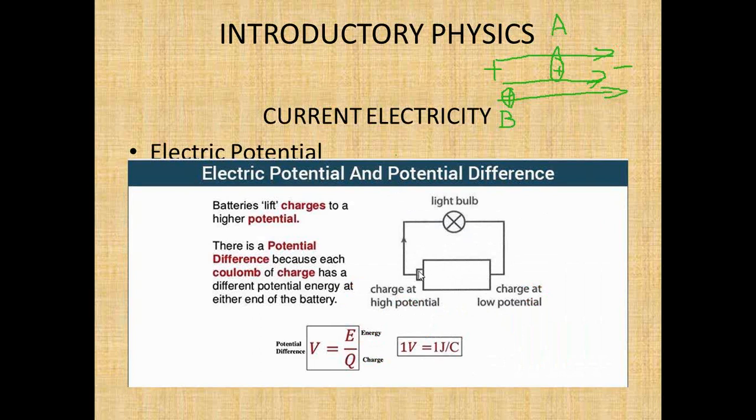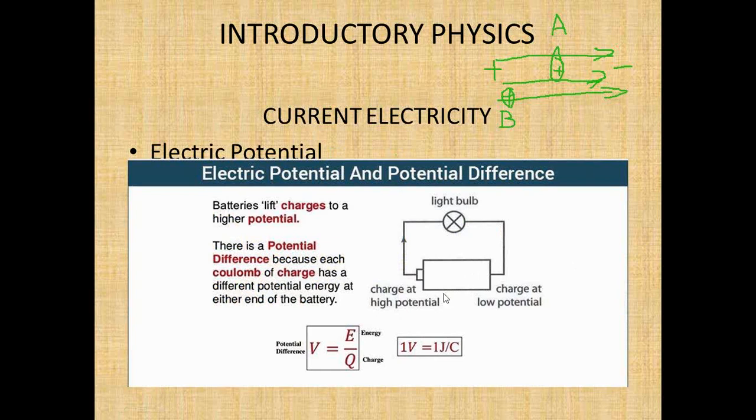So when it releases it, the charge is going to flow. Okay? You're going to have an electric potential difference because the high potential terminal is going to have a high voltage. The low potential terminal is going to have a 0 voltage. So you're going to have your potential difference. Okay?